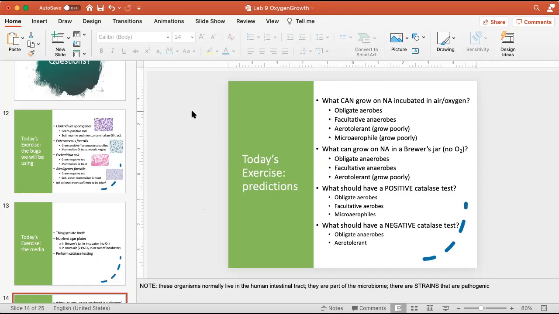So we're going to make some predictions about what we think we're going to find growing in our thioglycolate broth and on our nutrient agar plates. Remember, we have some organisms of those 5 categories that can live and grow in the presence of oxygen. Some of them have to have the oxygen.